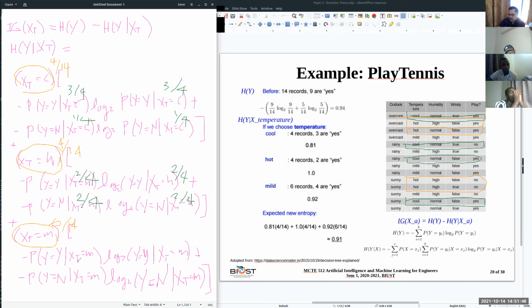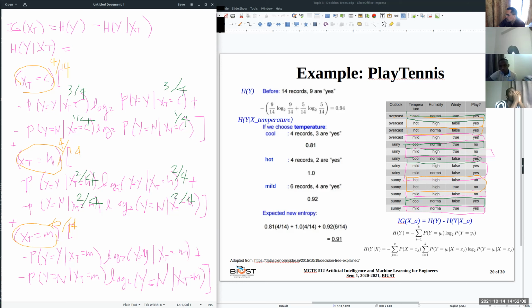So next, mild. So in the mild, how many milds do we have? So there's 1 mild, 2, 3, 4, 5, and 6.